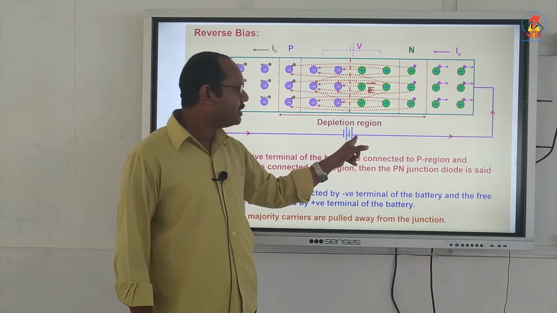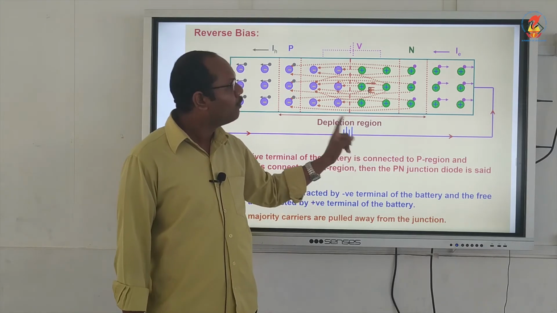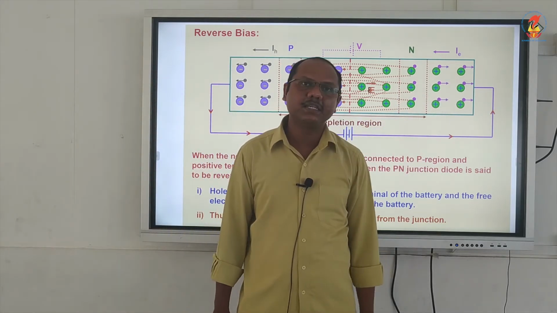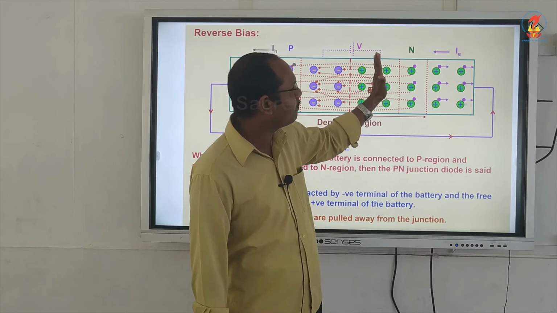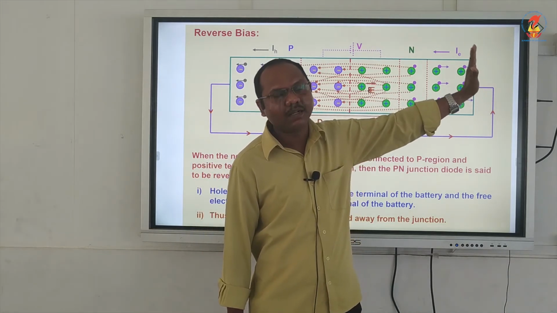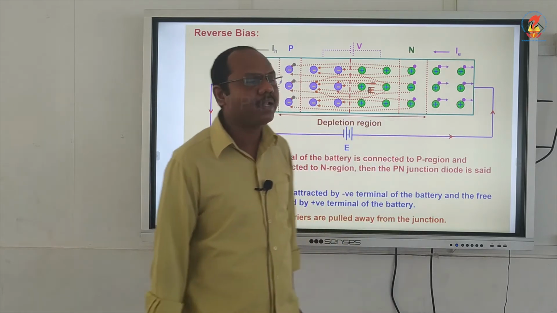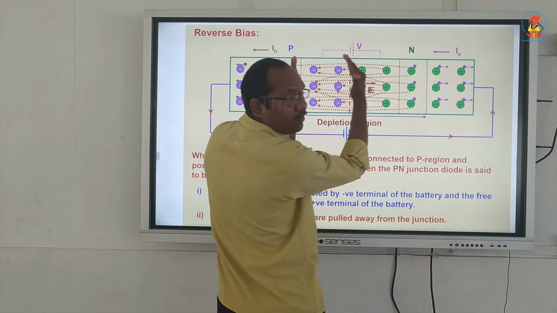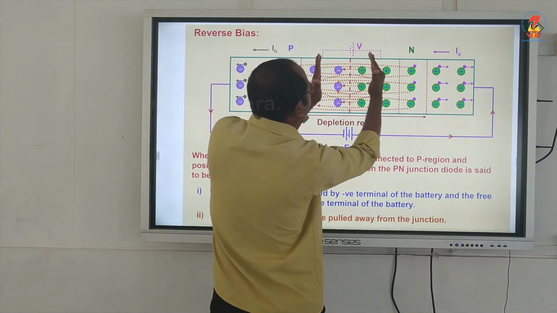Similarly, this positive potential will attract the electrons on the N side. As a result, the electrons from here will move towards that side. Then what will happen? Initially, the depletion region had this much width. The width of this depletion region increases.